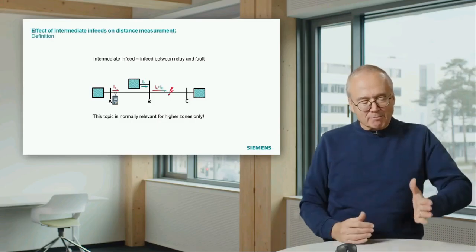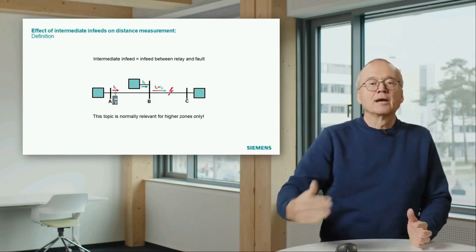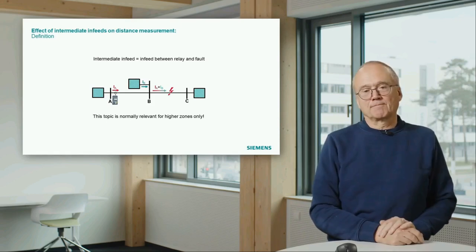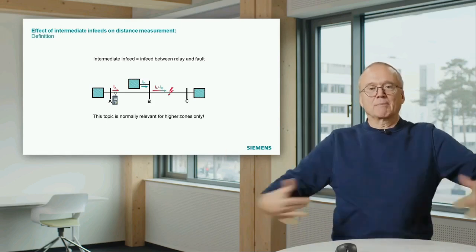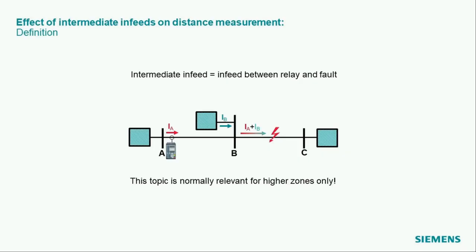That means between the relay and the fault on the next line, we may have an infeed, because there are some other lines coming in there and they also have some short circuit current. This infeed is called intermediate infeed.